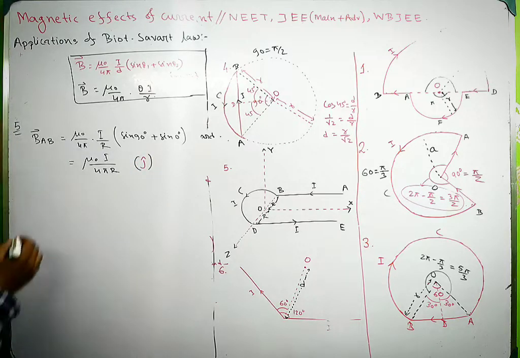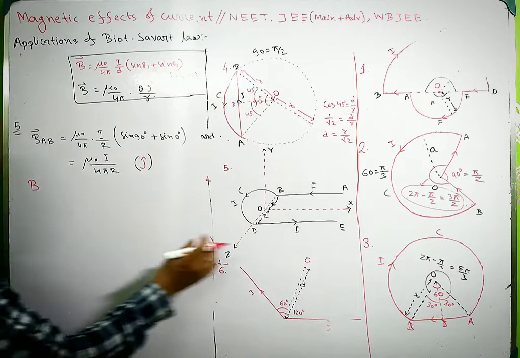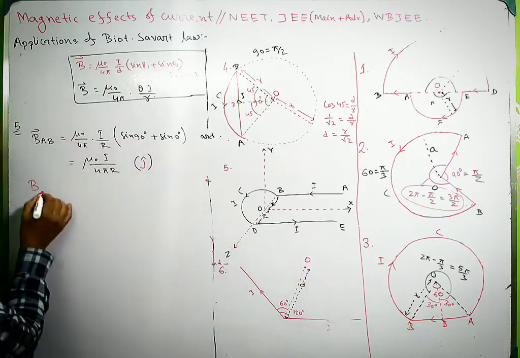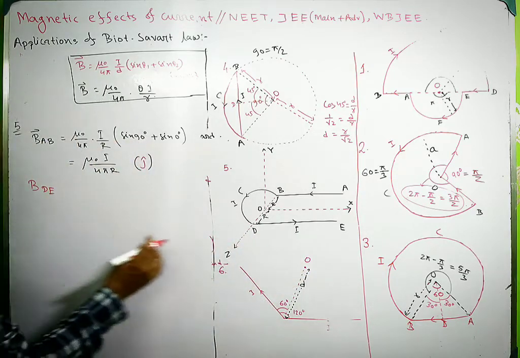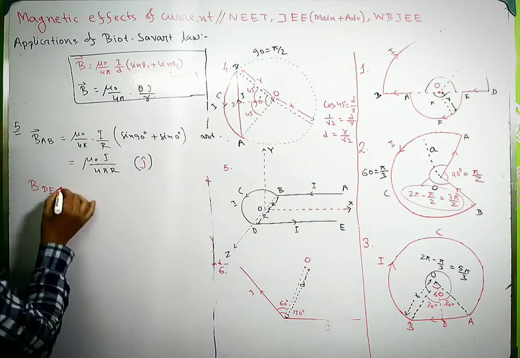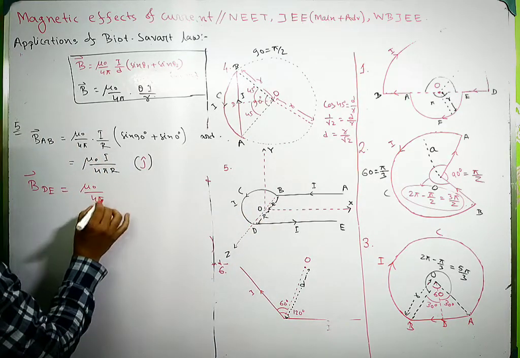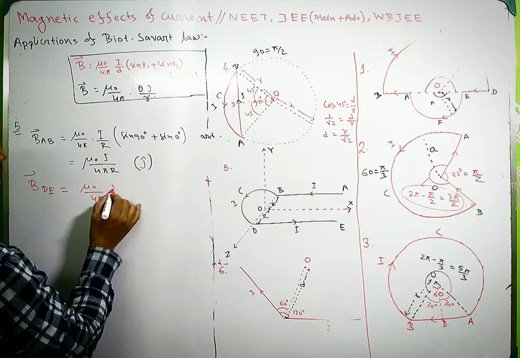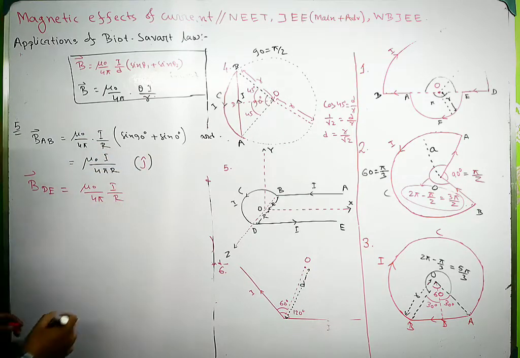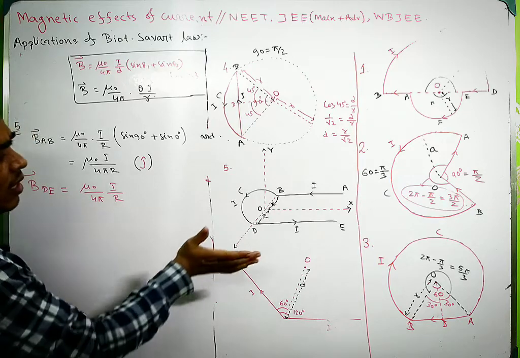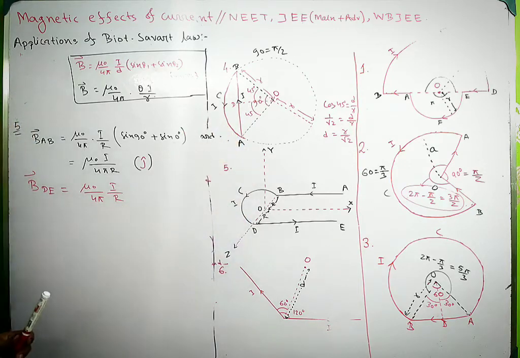And the magnetic field for this portion DE at O is given by mu 0 by 4 pi, similar, I by R. In this case the direction is also y cap.